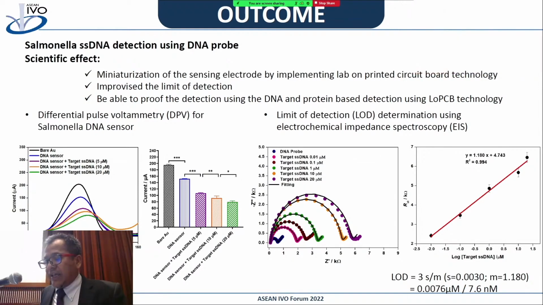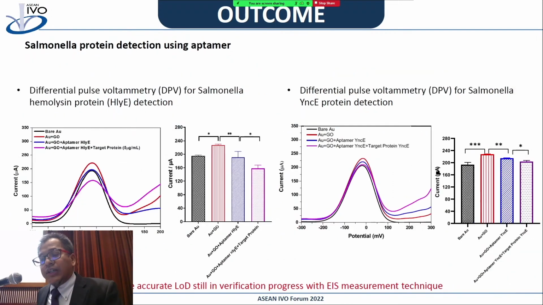We achieved an LOD for the DNA of about 0.076 micromolar, which is the output from the portable MCU, for portable video, so that is for the DNA type. And this is what we have for the protein.